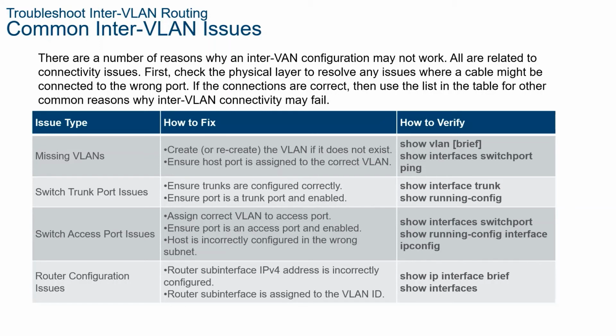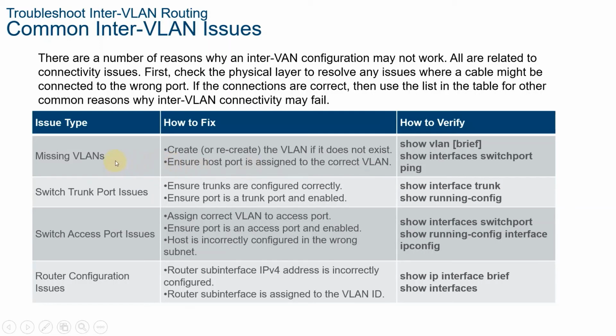There are a number of reasons why an inter-VLAN configuration may not work, all related to connectivity issues. If the connections are correct, then use the list in the table for other common reasons why inter-VLAN connectivity may fail.